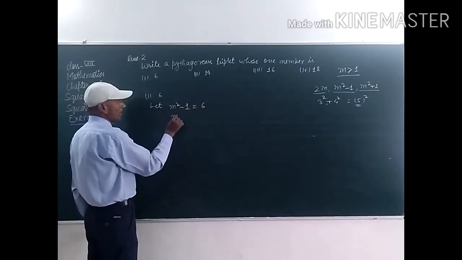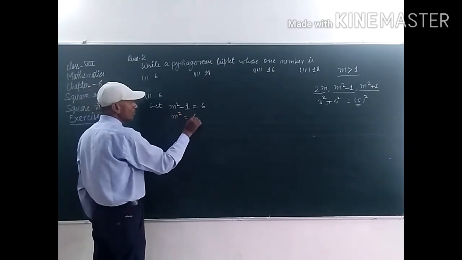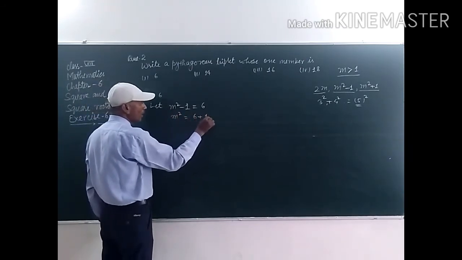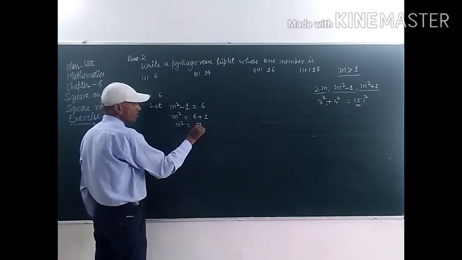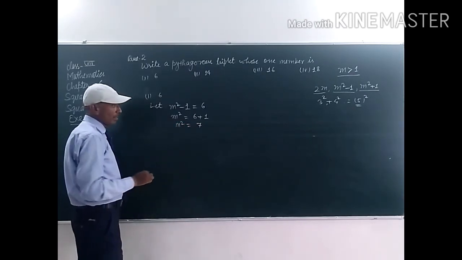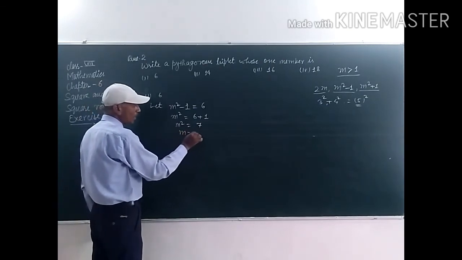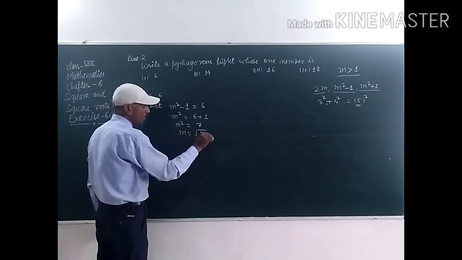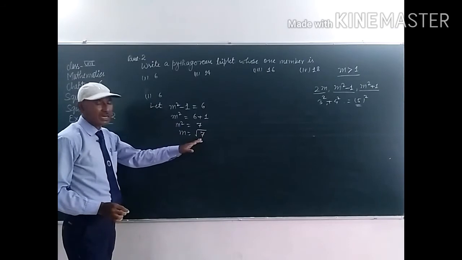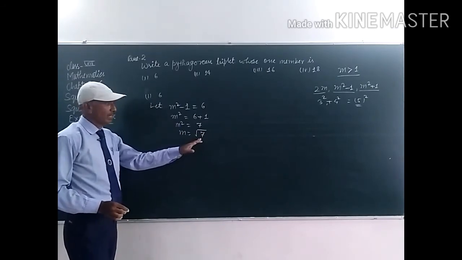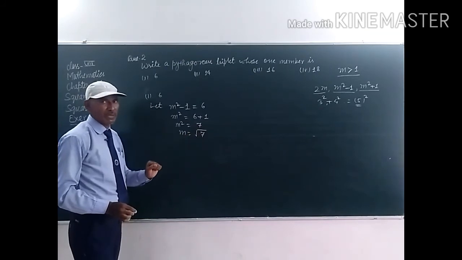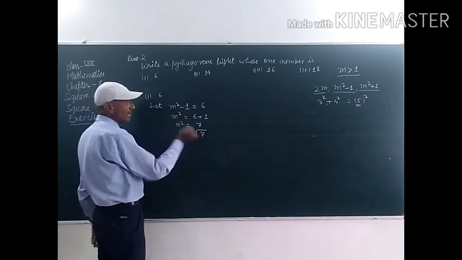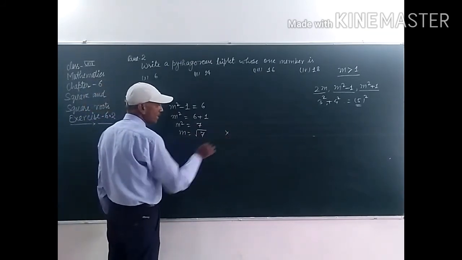So m square is equal to 6 plus 1, m square is equal to 7. Then m is equal to under root 7. Under root 7 is not a natural number, student. It will be a fraction or a decimal number. So it is not a natural number, so it is not correct.